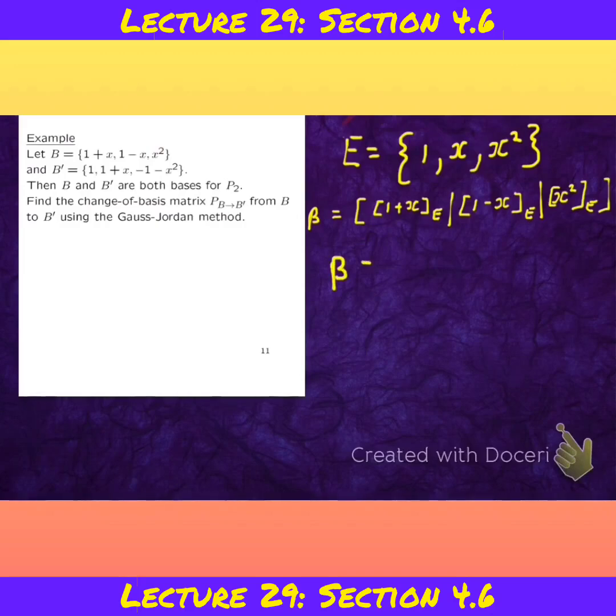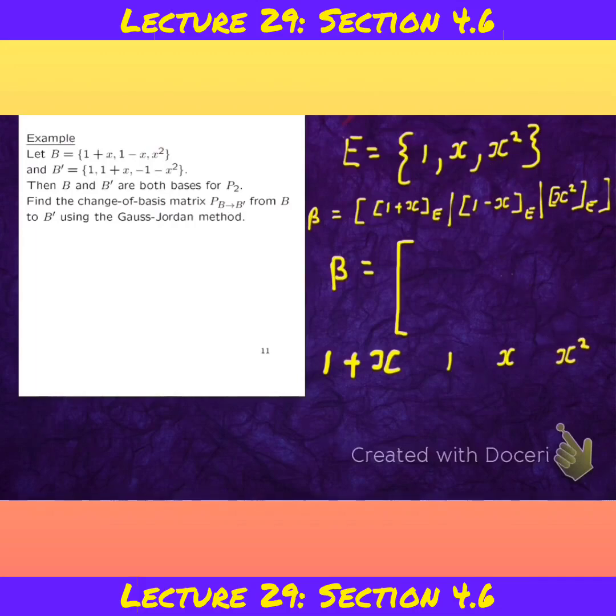So what's my first column of B going to be? We take the first vector of B, there it is. We write that vector as a linear combination of the vectors in the standard basis. Okay, there we go.